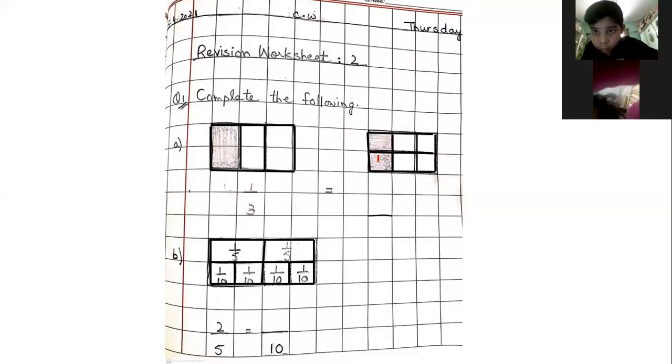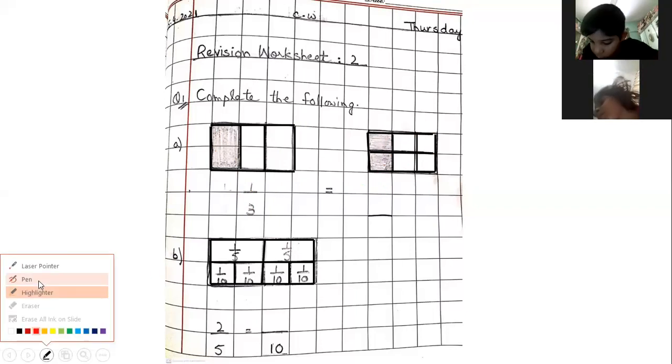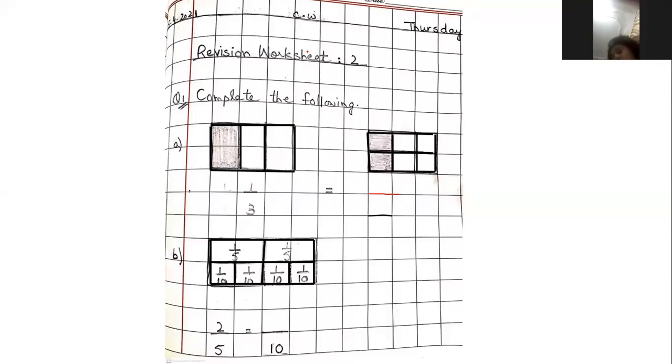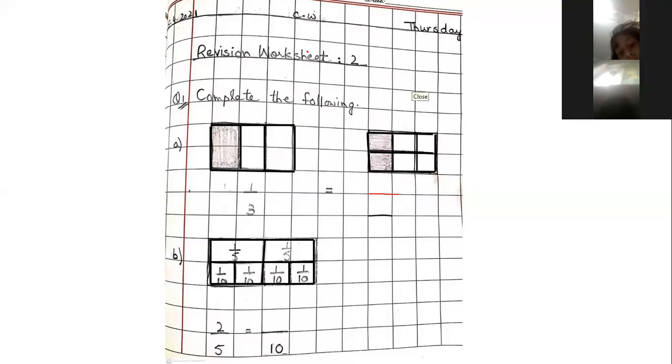So how many total parts are there? Who will tell me how many total parts are there, beta? 6. Very nice. So there are 6 equal parts.